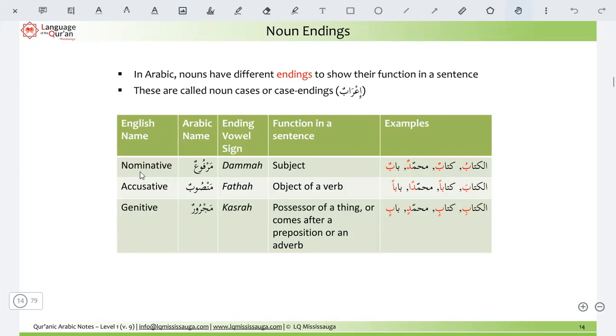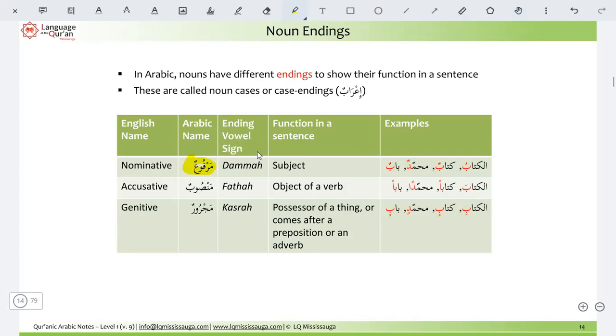First is the nominative case. What is the nominative case? We call it marfu'un. What is the sign?